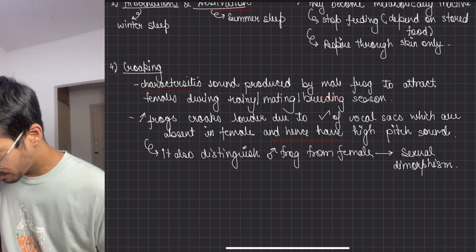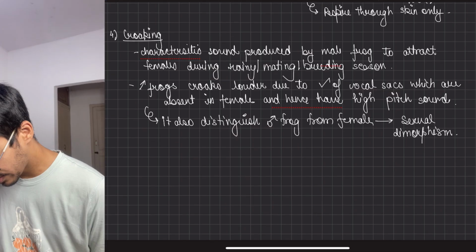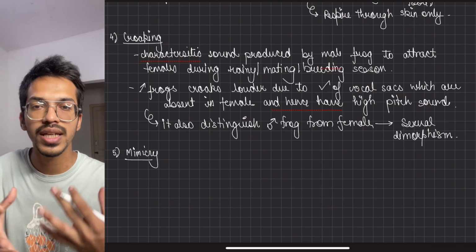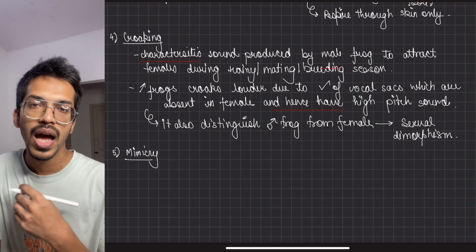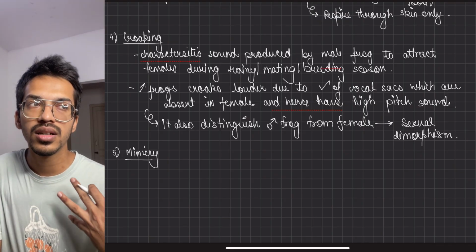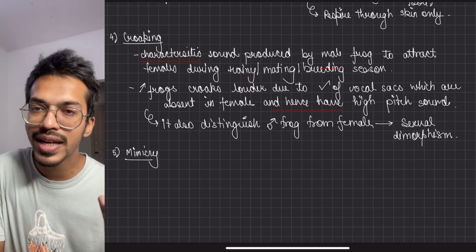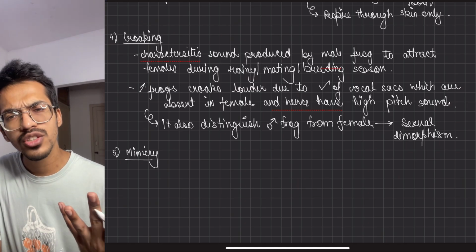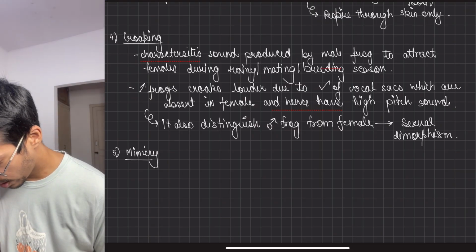Okay. Then after this, the next thing is mimicry. So what is mimicry? Mimicry is the feature of protection against the predator. And mimicry means it appears like something else. So camouflage and mimicry.